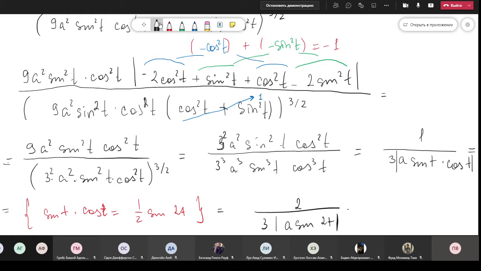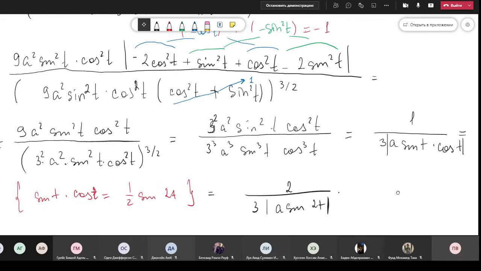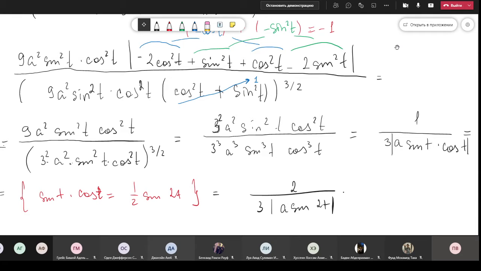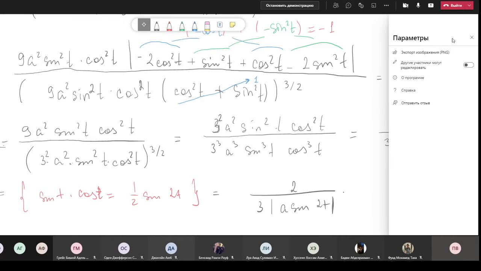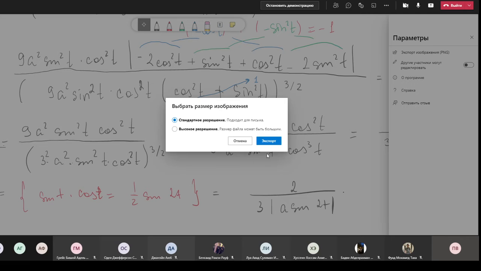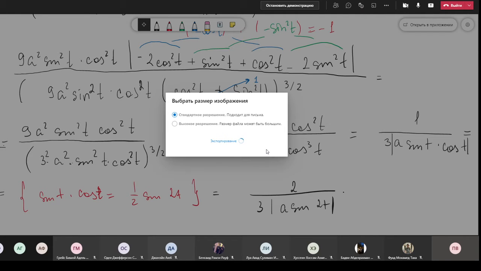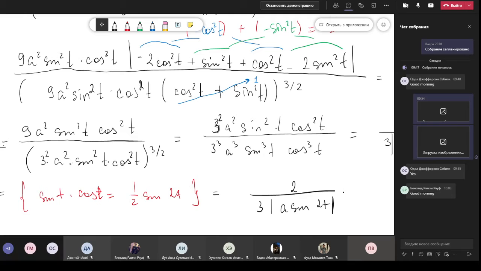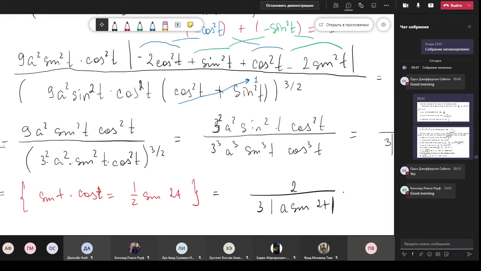This number. Maybe I can do export of this on our bracket and then clean our bracket. I post it into chat. Into chat. Good.